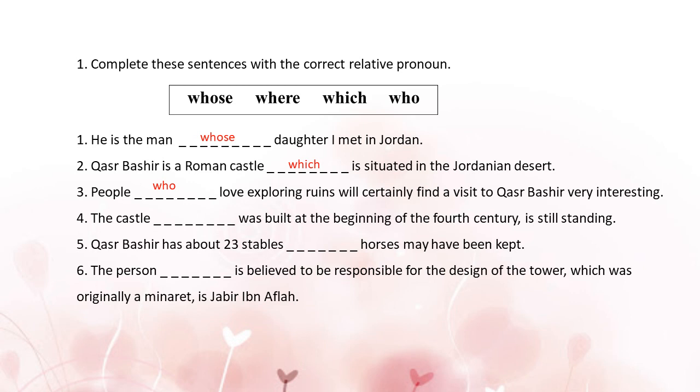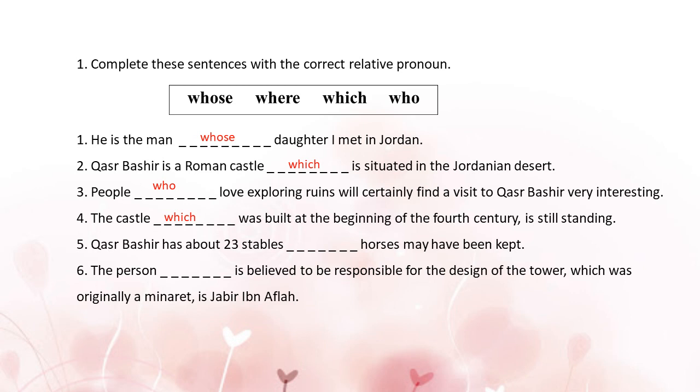What do you think? Yes, again it's which, like number 2, because it's a place but nothing happened. We are talking about the building of it, so nothing happened in this place. It is a building and nothing happened inside this building. Because of that, we choose which, not where.